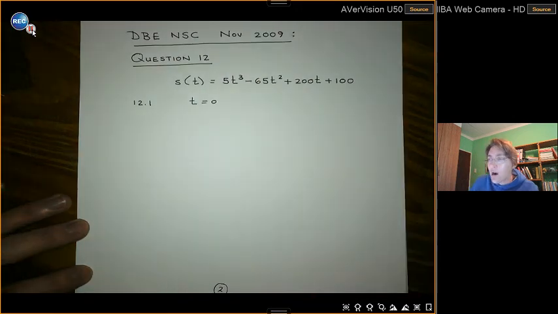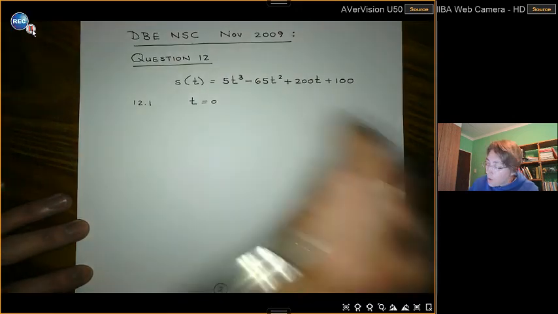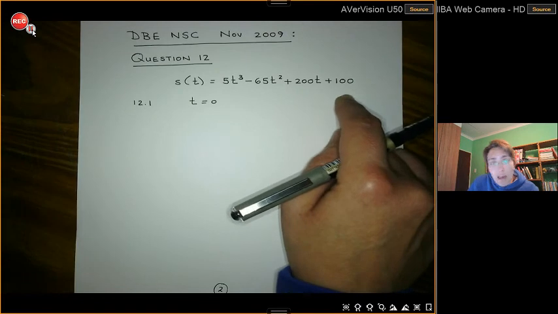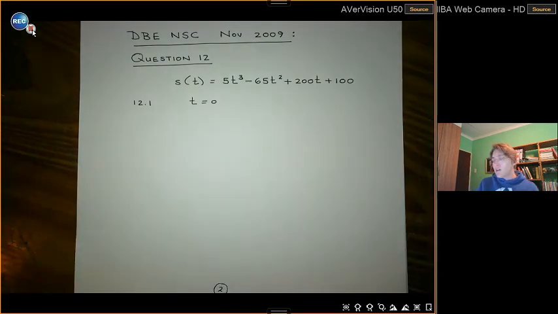And because they ask for the height above sea level, we're going to use this formula. Be very careful with the formulas. This formula specifically will always refer to height above sea level. If I want to work out the rate of change, or I want to work out the velocity, then only will you find the first derivative. So don't just automatically find the first derivative and think that is what you're supposed to use. Not in this case. In this case, they just asked what is the height above sea level.